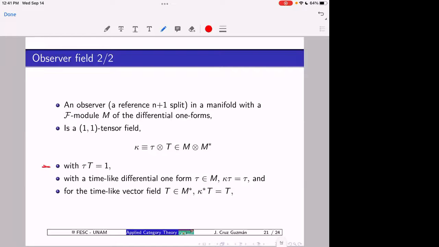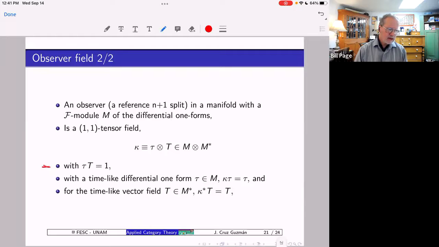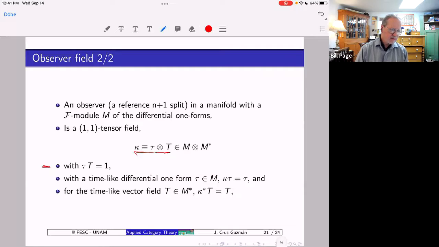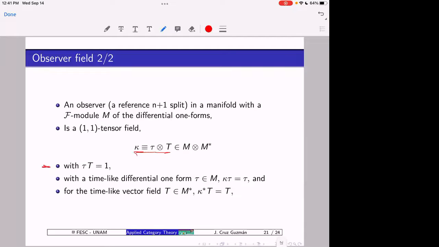At least my understanding is that kappa, the tensor product of tau and t, is an endomorphism. Well, that's an idempotent, the way I'm looking at it. An idempotent is an endomorphism, so there's no problem with that.